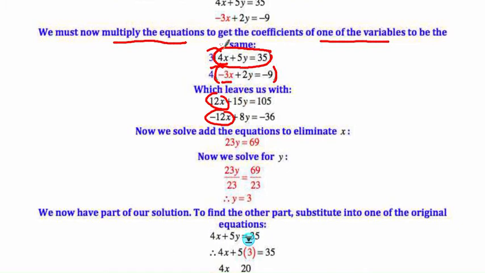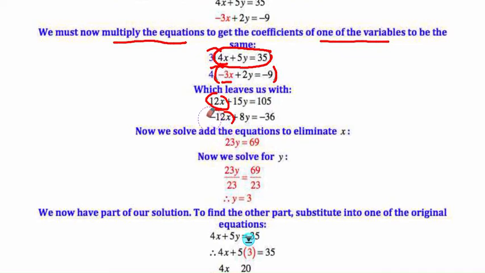We've distributed the value 3 across the entire first equation, so 12x plus 15y equals 105. In the second equation, we've multiplied through by 4, leaving us with minus 12x plus 8y equals minus 36.